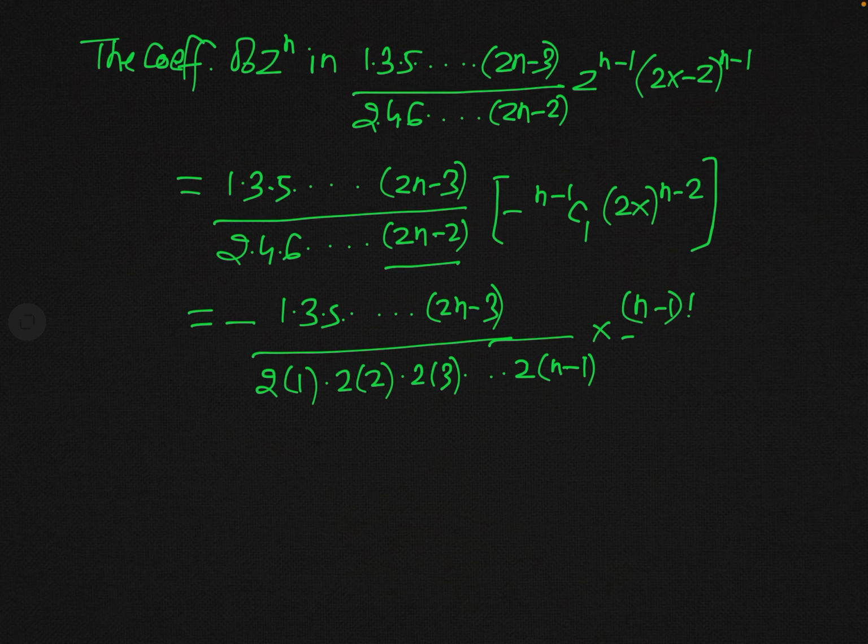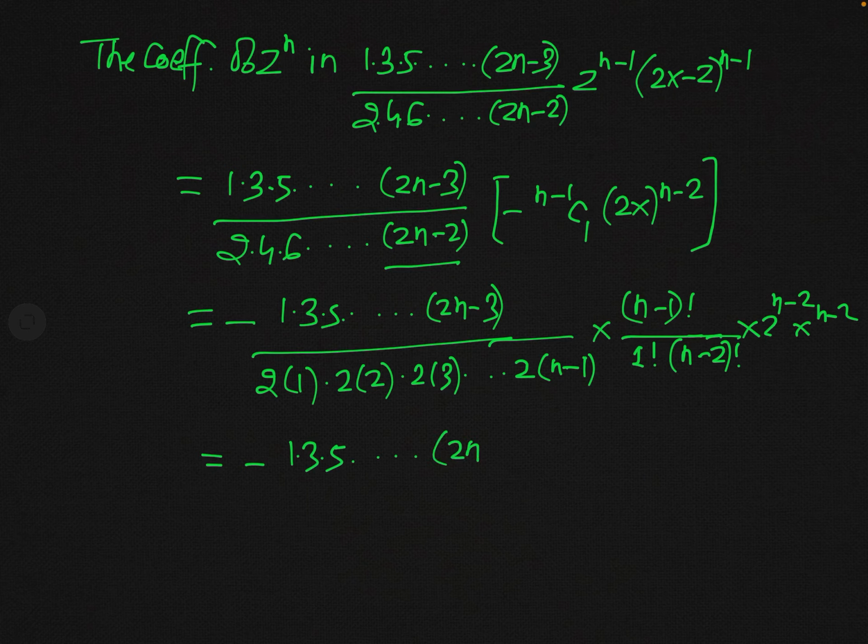And what will be this n minus 1 c1? You know this will be n minus 1 factorial divided by 1 factorial into n minus 1 minus 1, that is n minus 2 factorial. And this 2x to the power n minus 2 can be written as 2 to the power n minus 2 into x to the power n minus 2.